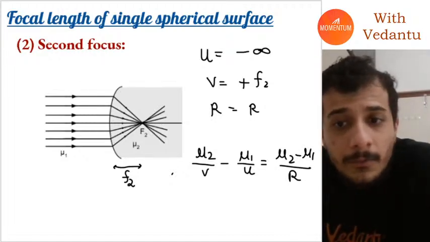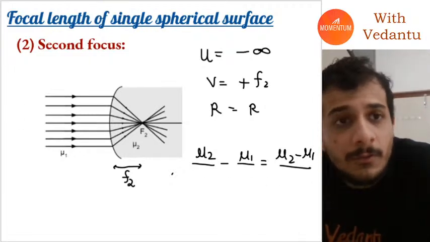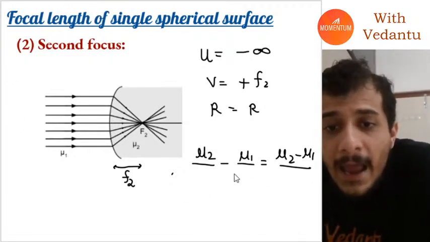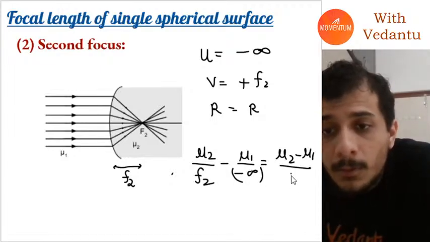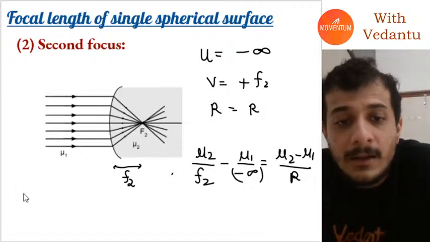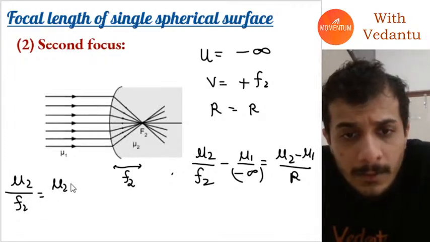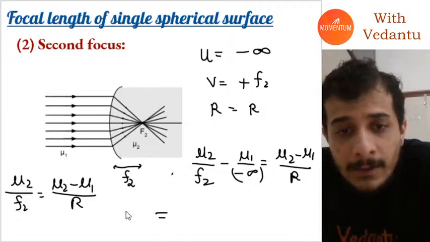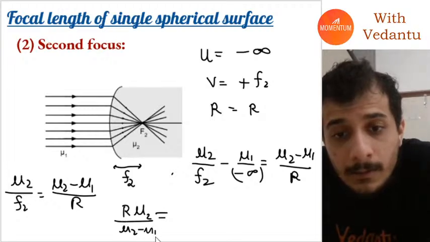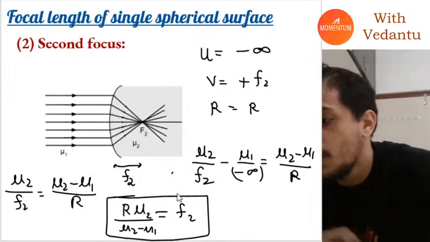This gives me mu2 by f2 minus mu1 by minus infinity is equal to mu2 minus mu1 by r. This just gives me mu2 by f2 is equal to mu2 minus mu1 by r, which after some cross multiplication gives r into mu2 upon mu2 minus mu1 is equal to f2.